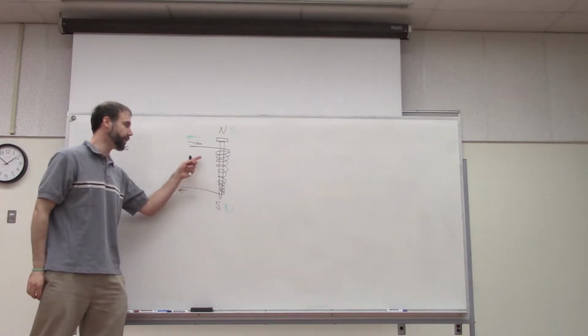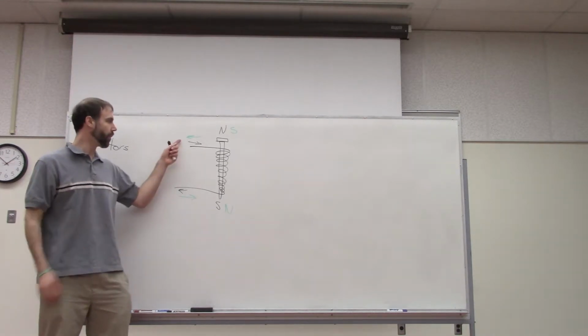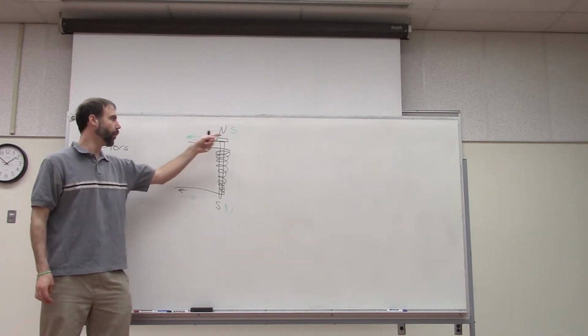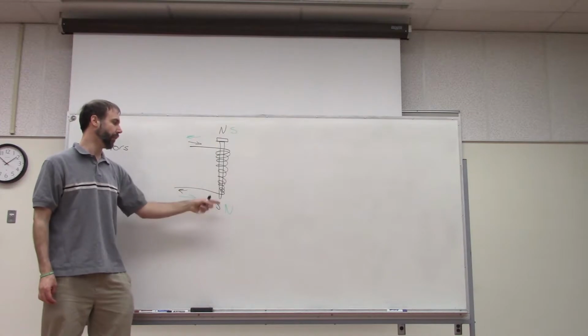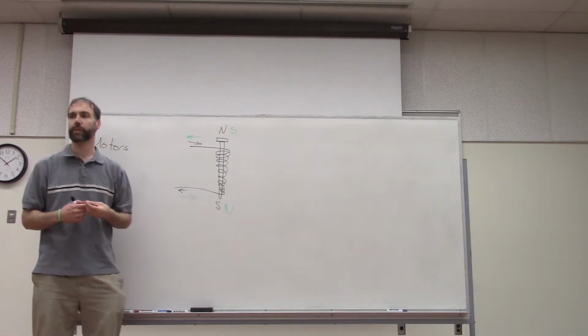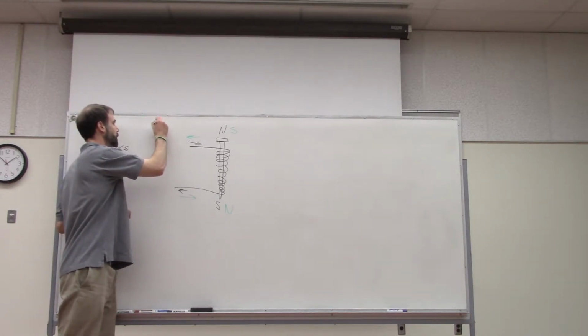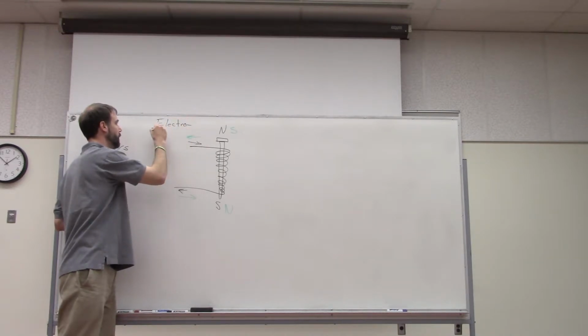So you can use electricity to create a magnet that you can turn on and off, and you can also determine which way the poles are facing in that magnet. So that's pretty cool. That's called electromagnetism.